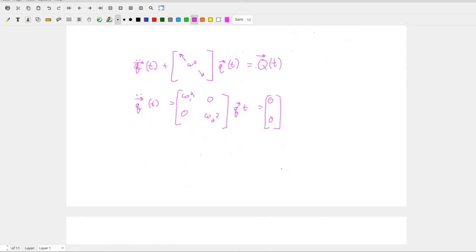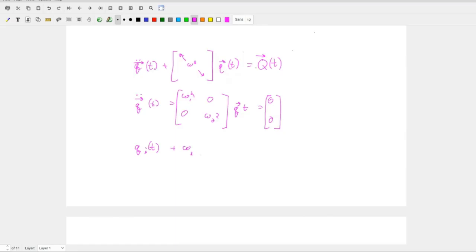So we can break this out into one row. Let's just look at i. Again, we have q_i, not a vector, a function of time. That's one participation coefficient, but it varies with time. So the amount that each mode participates varies through time in the system.